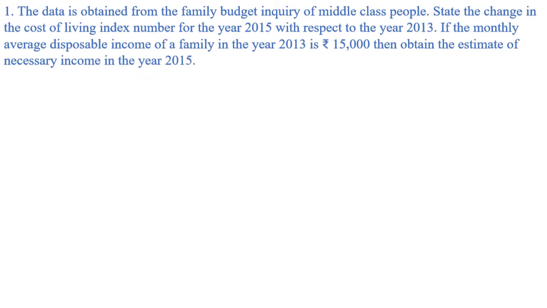So this contains two questions. We have to calculate the index number and its changes. Along with that, we have to estimate the income of a family in the year 2015 based on that index number. Now, as the data is given, no specific method has been mentioned. That means depending on the question itself, we will decide which method to use.